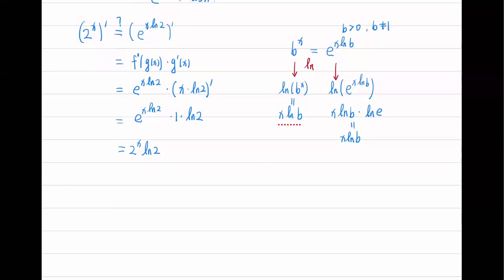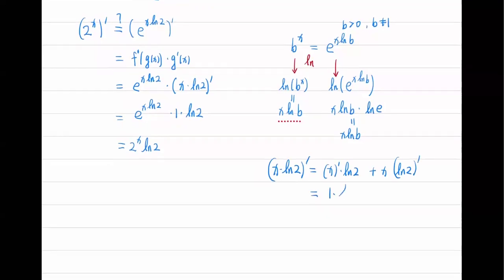Let's use the product rule. x logarithm 2. We will apply the product rule. The first one, Sophia knows, is 1 times logarithm 2. The derivative of logarithm 2 times x is just 0.